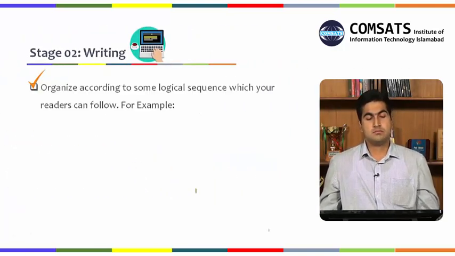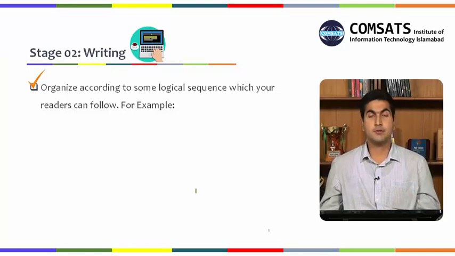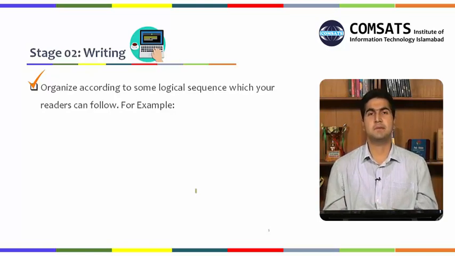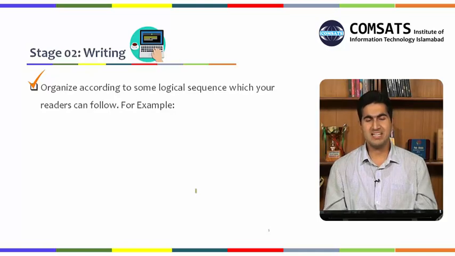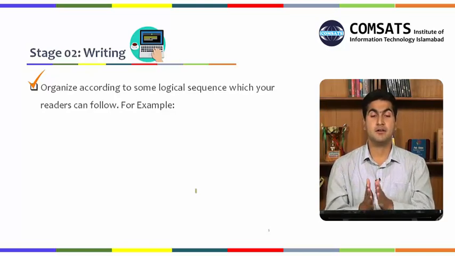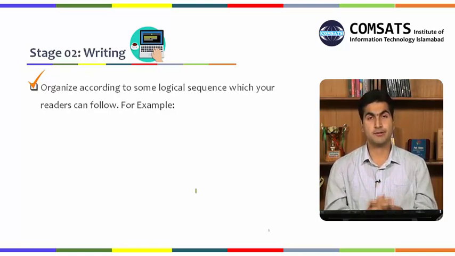Now the next stage is that you have to organize your information according to a logical sequence which your readers can follow, and the example basically becomes the focus. There is a manner in which you are supposed to write the information, and there are different modes of writing, as you're going to see, and they're going to have some differences.